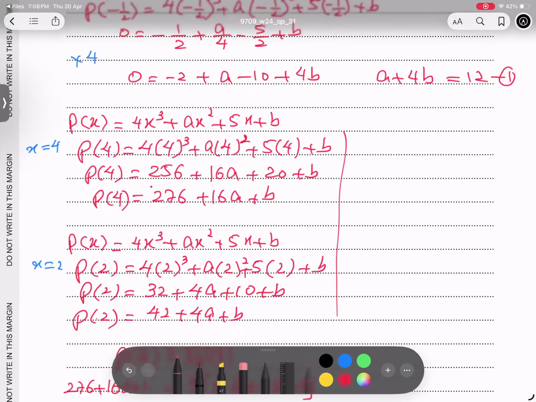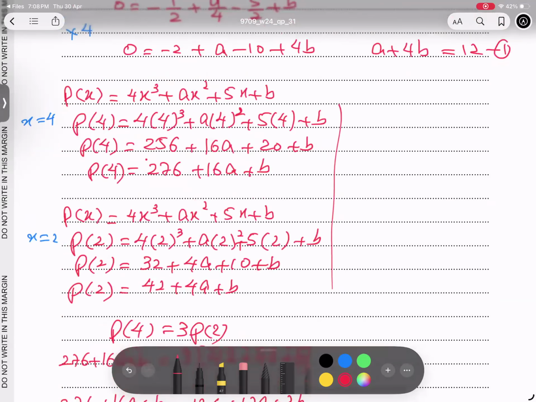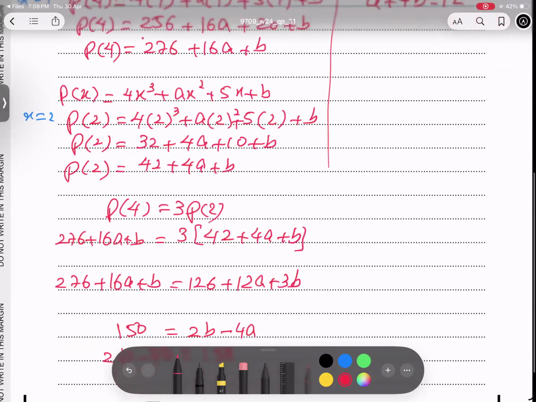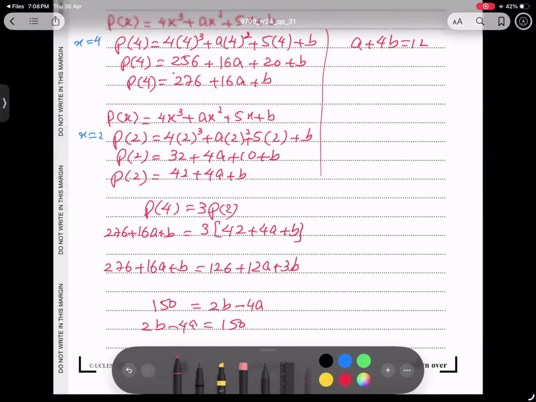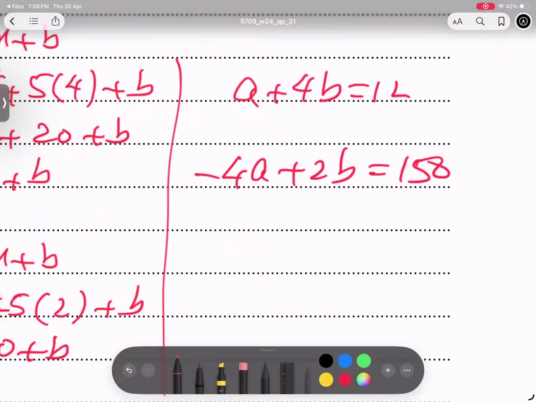Okay, students. Now I'm going to do it here. a plus 4b is equal to 12. And this I'm copying here. And negative 4a plus 2b equal to 150. Now, students, what I can do, so multiply this equation with a negative 4.